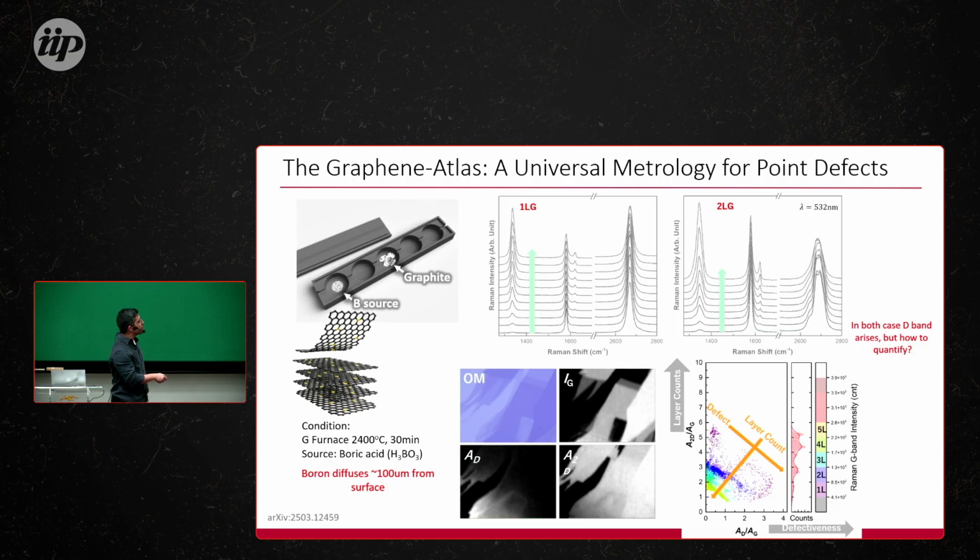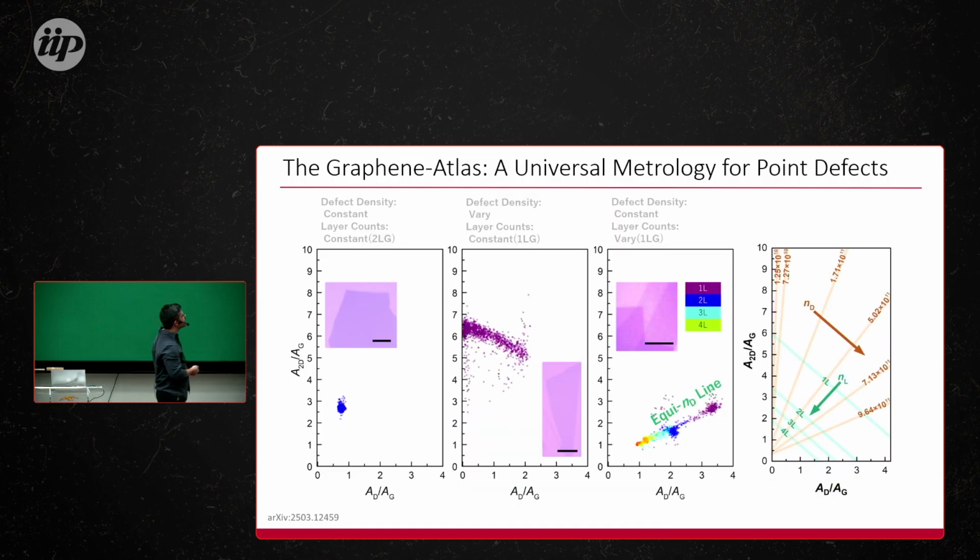So we observed that we have this kind of behavior for this system. And it's quite interesting, because, for instance, if I keep the amount of defect density constant and also the number of layers constant, what I get is a point, all right? So it's very well concentrated, localized. If I keep the sample thickness constant, in this case monolayer graphene, but change the concentration of defects, we have this kind of behavior over here.